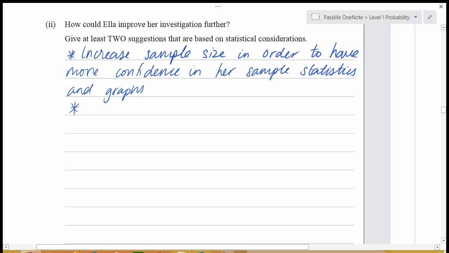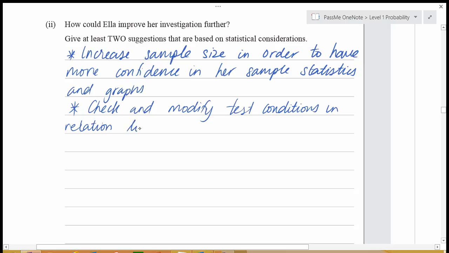Perhaps we could consider the conditions of the test, of how the reaction times have been recorded. So we'll say check and modify test conditions in relation to measuring reaction time.